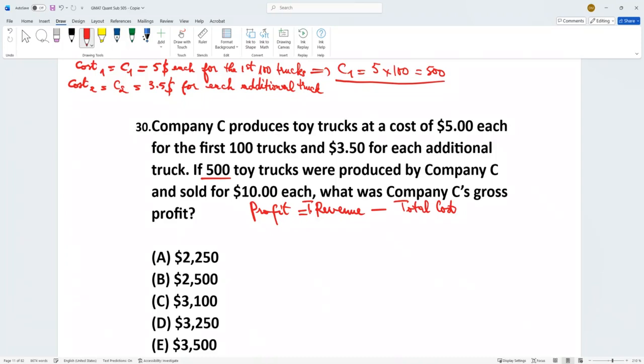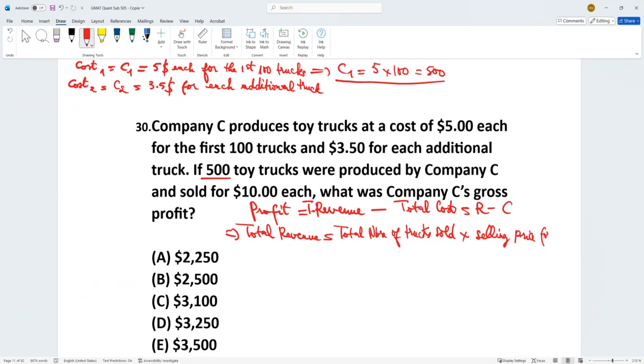So R minus C. In order to find the total revenue, it is equal to the total number of trucks sold times the selling price for each truck.